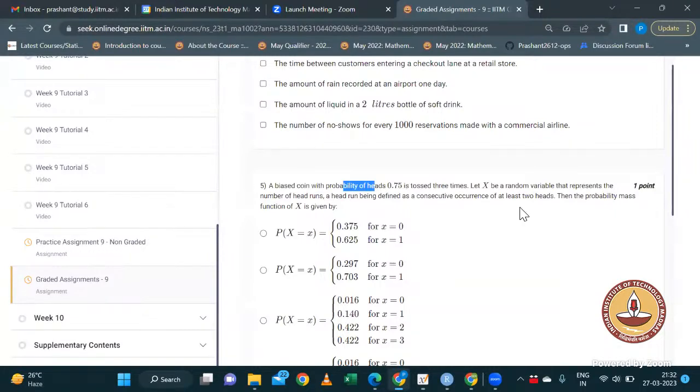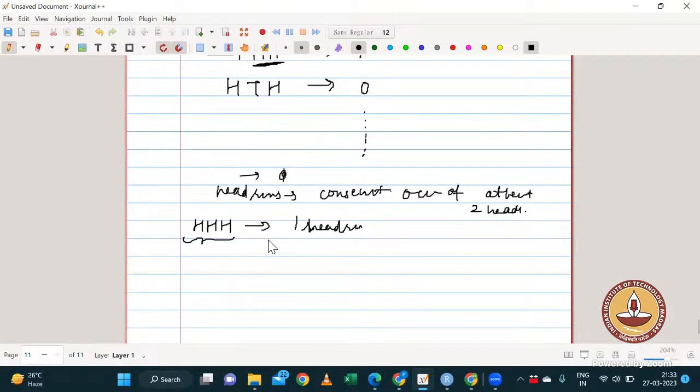It's one head run, because getting at least two heads is a head run. There is no break in between, right? So I have written HSTHS, then there are two head runs. One head run is this, with at least two heads, and another is this. So there are two. This is the meaning. And if I have written HHHHS, this is one head run.